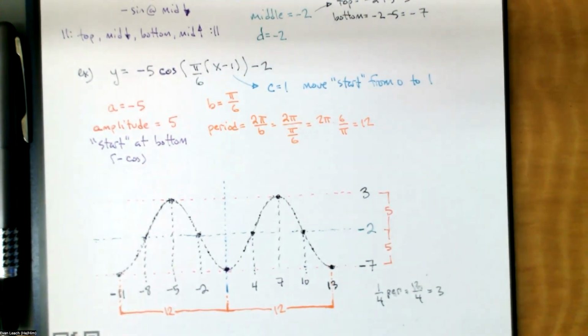Remember, each cycle we think of as once around the circle, and that circle is divided in 4 quadrants. And that's where our sequence of points happens. Top, middle going down, bottom, middle going up. Repeat.